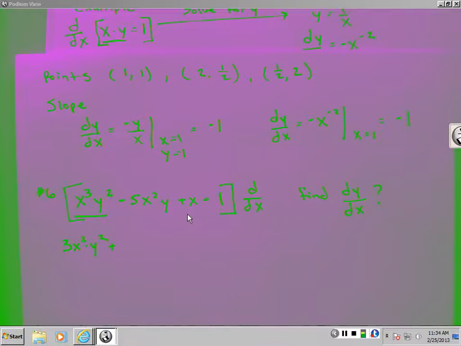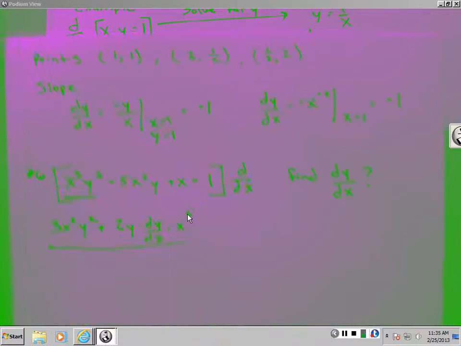We want to find the derivative of y with respect to x. So I take the derivative of the outside, evaluated at the inside, times the derivative of the inside. The derivative of y is dy dx, right? So I have 2y times dy dx times x cubed. So that is the derivative of the first term.